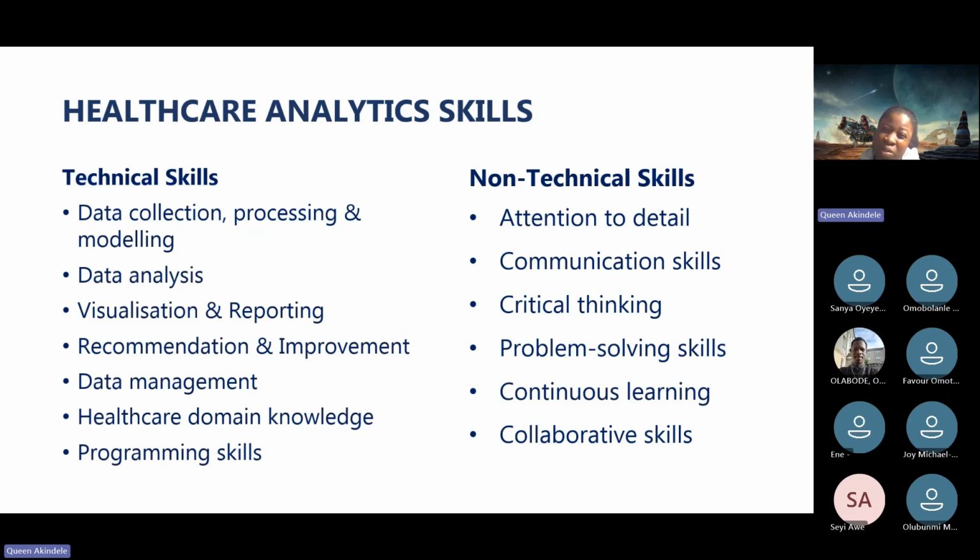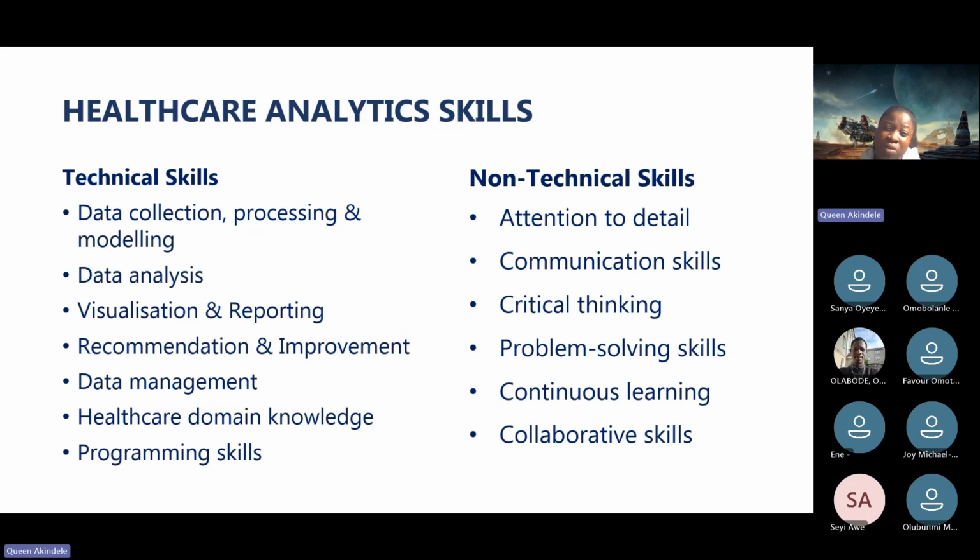And I've touched on this earlier. The processing is also what you call your data cleaning or data preparation. Then you also have to know how to do your data analysis, your prescriptive analysis, your descriptive analysis, your diagnostic analysis, and the predictive analysis.